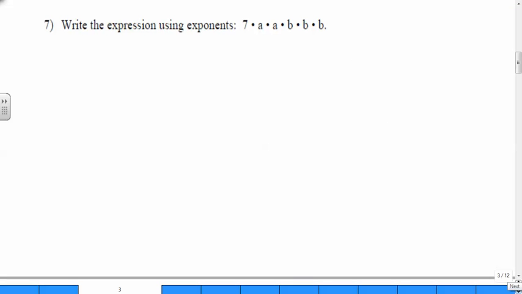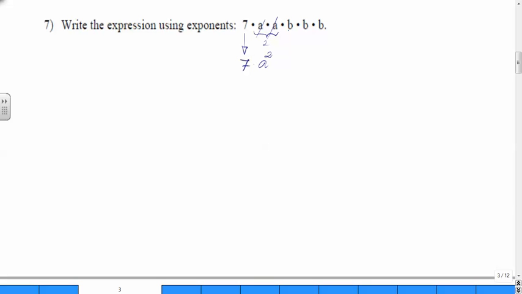Write the expression using exponents. Well, first of all, 7, nothing changes. It's the only 7 I have. But now A, how many A's I have? I have 2 A's, right? That tells me that for A, I'm going to write A to what power? Well, how many times is A showing? 1, 2 times. A squared, right? A to the second power. Checking on B's.